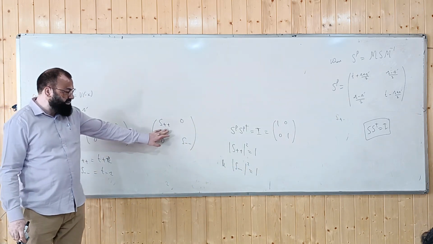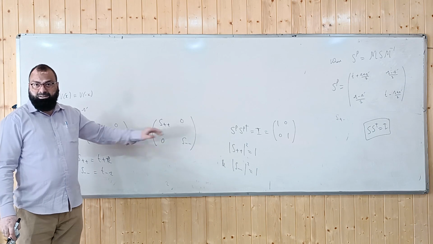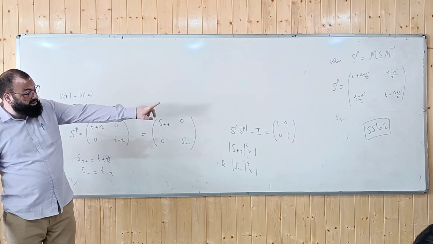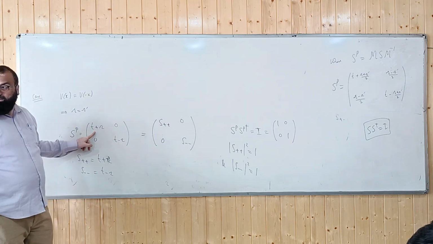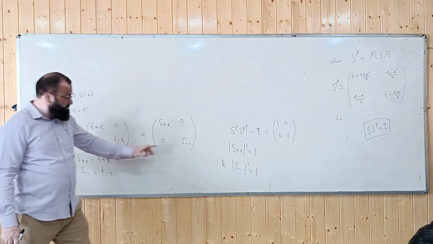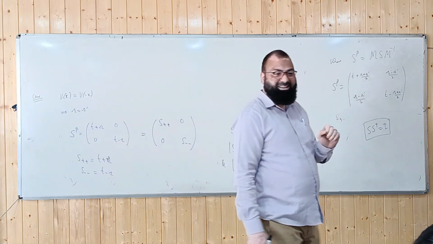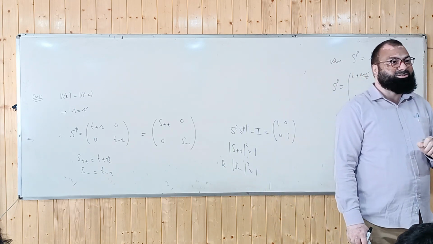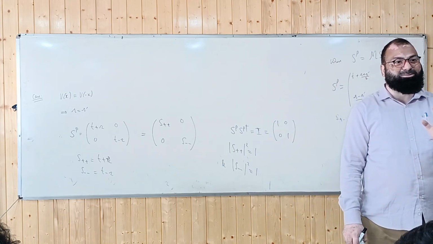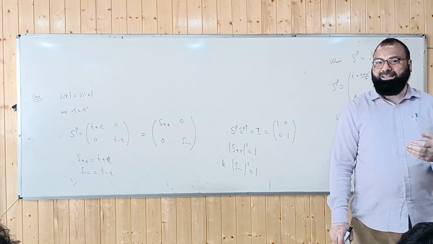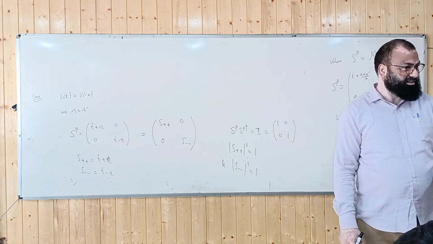This S plus plus can in general be a complex number, because r and t are in general complex numbers. So when you are having mod of a complex number squared equal to 1, what does it mean? It means it's only a phase.